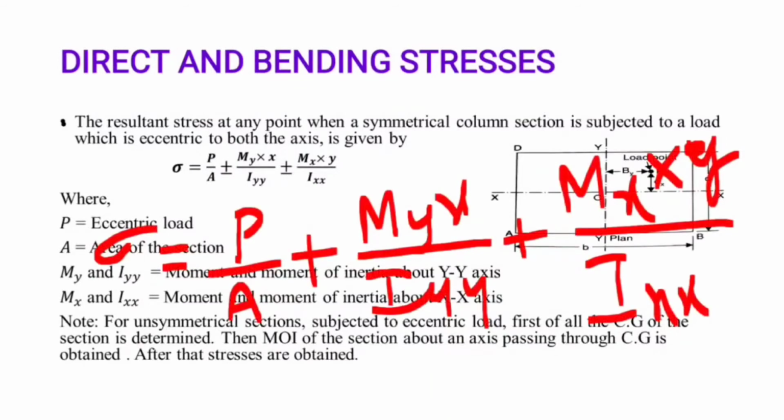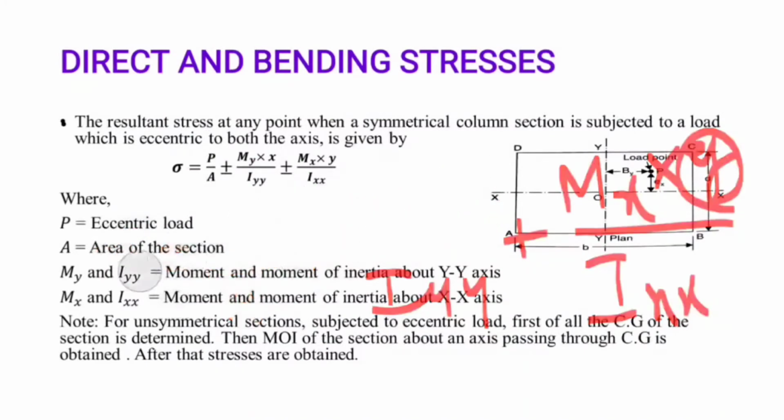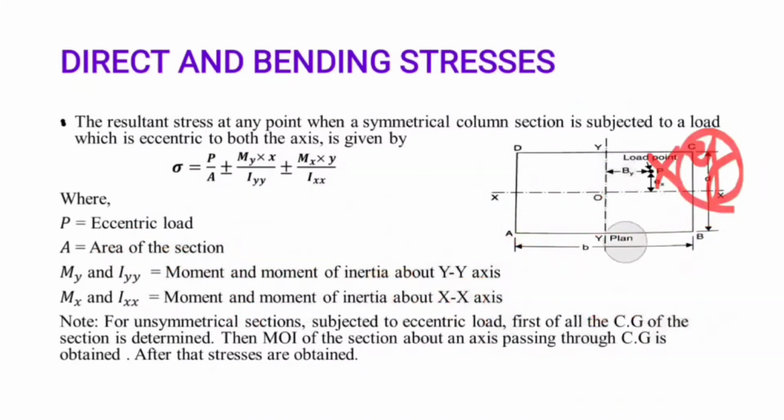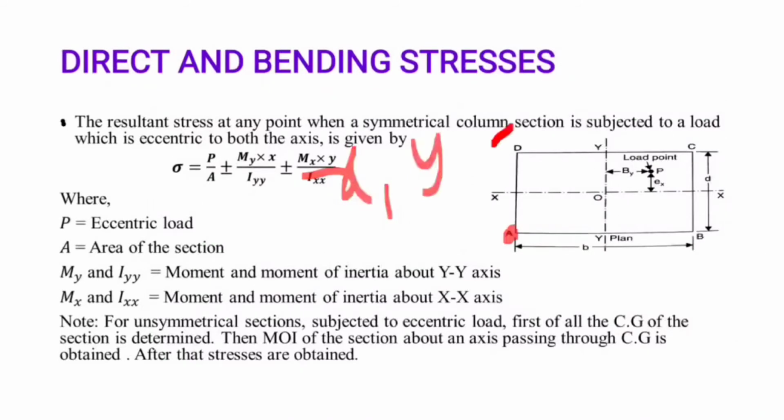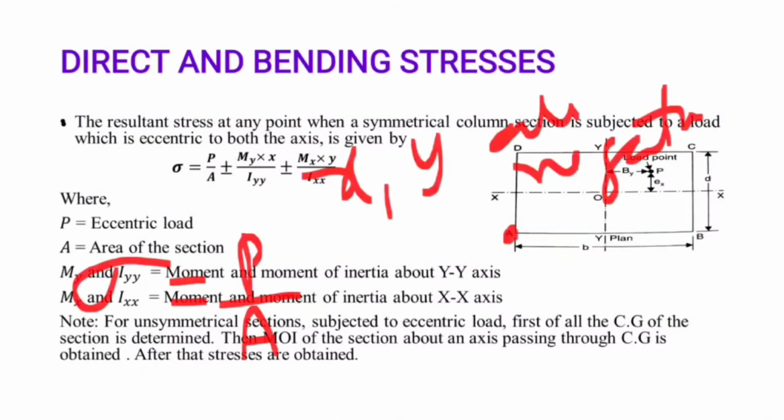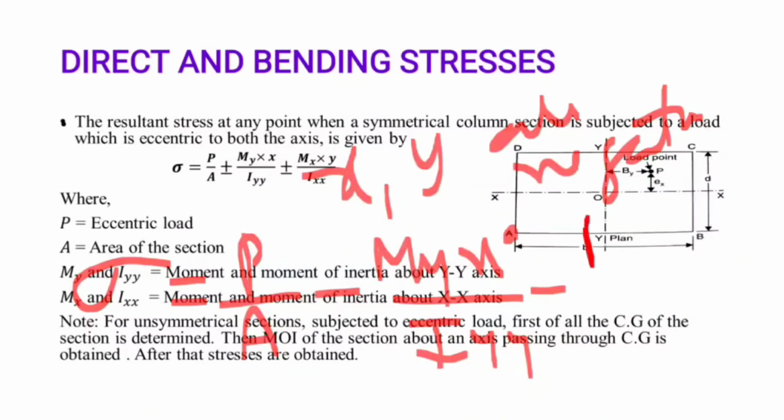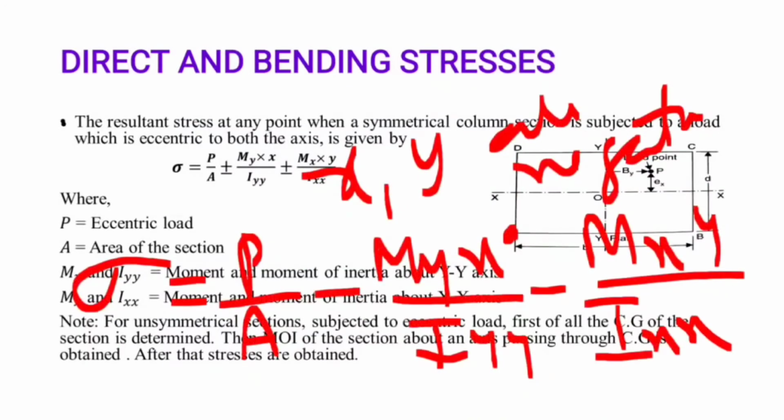Why? Because in this case x and y are positive. For the opposite corner, x and y are negative. So the resultant sigma will be P by A minus My x by Iyy minus Mx y by Ixx.